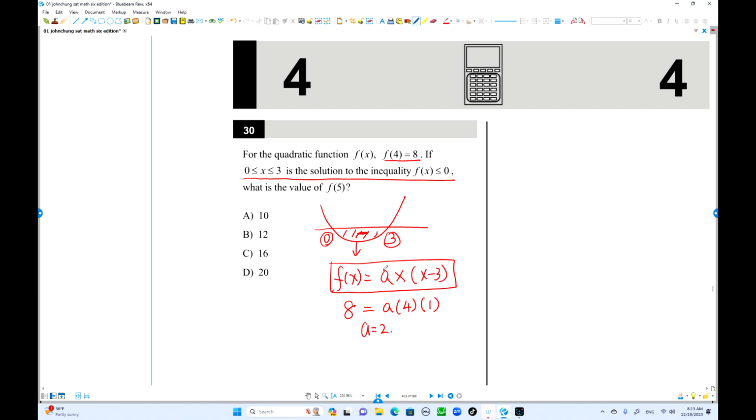Now you've got this one, 2 over here. Now next, put this number 5 in the equation. F of 5, what is that? 2 times x is 5, 5 minus 3 is 2. The answer is 20, right? Choice D is the answer.